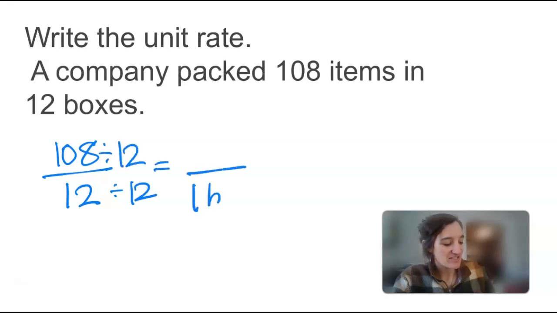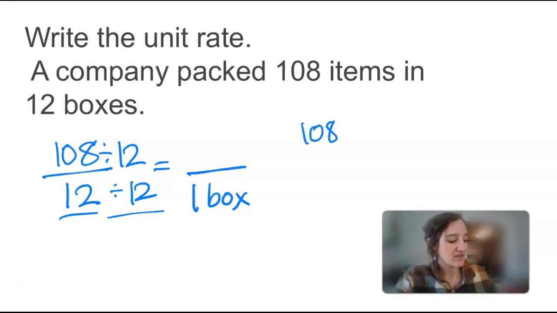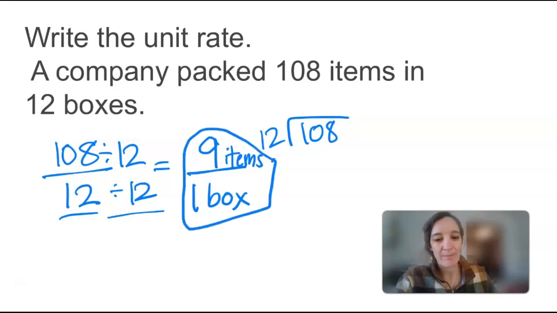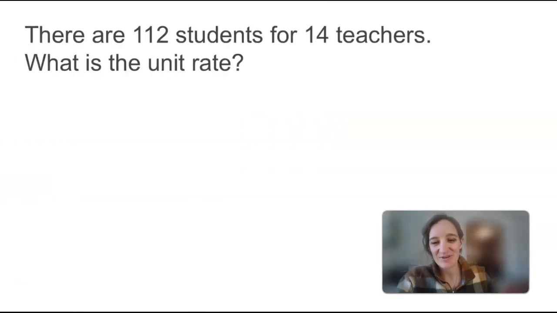That'll give you how much it is per box, because 12 divided by 12 is 1 box, and that's the unit rate key. So then over here, 12 will go into 108. I think it's 9 times, right? Because 9 times 12 is 108. Yep. 9 items per box.